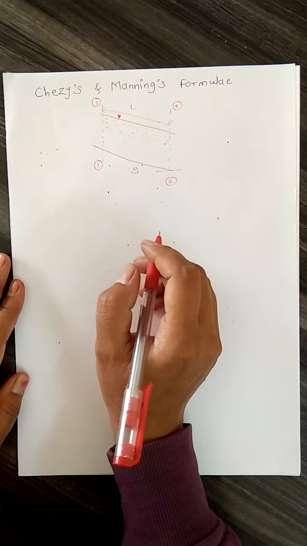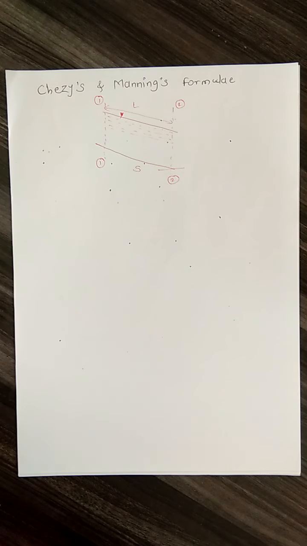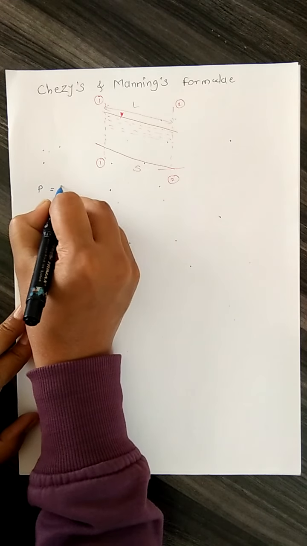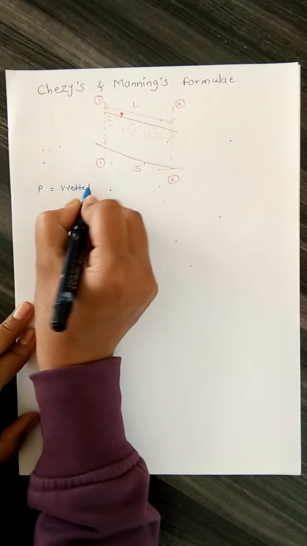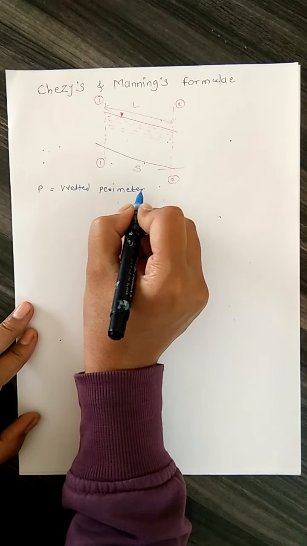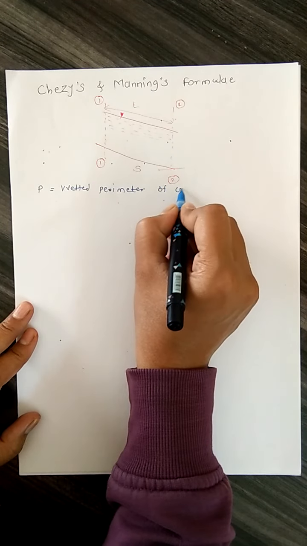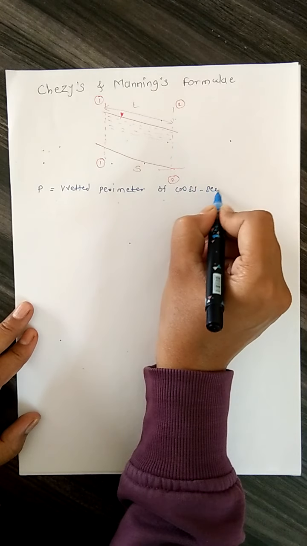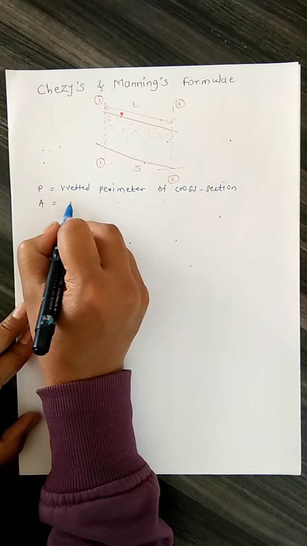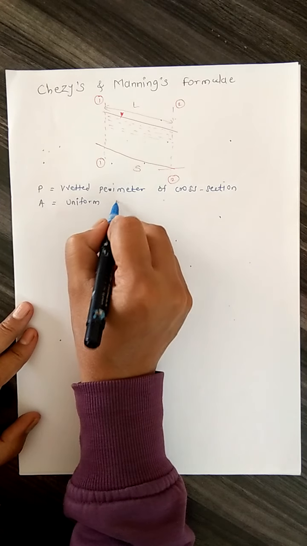Here we can write in detail. P is the wetted perimeter. This is the total wetted perimeter of the cross section. Next, capital A is nothing but the uniform cross sectional area.